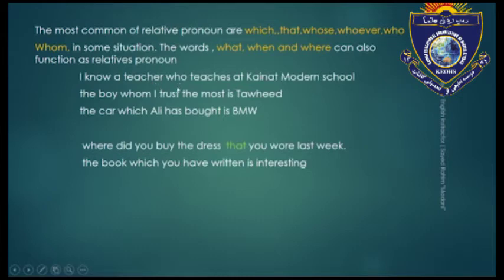Who joins or links the two sentences. Take a look. If I say I know a teacher teaches at Kainat Modern School without the who, it doesn't fit grammar. It's not correct. The who just joins the two sentences. I know a teacher who teaches at Kainat Modern School.